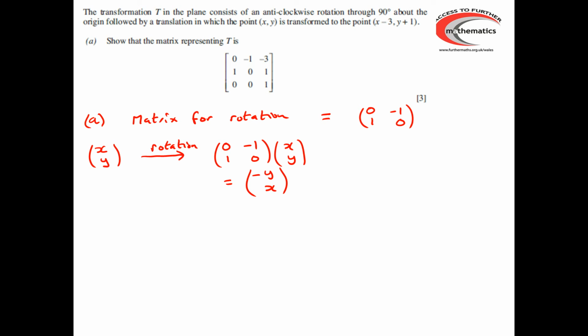If we then follow that up with the translation of -3 in the x direction and 1 in the y direction, we will end up with our final image being the point -y -3 as the x coordinate and x plus 1 as the y coordinate of the final point.